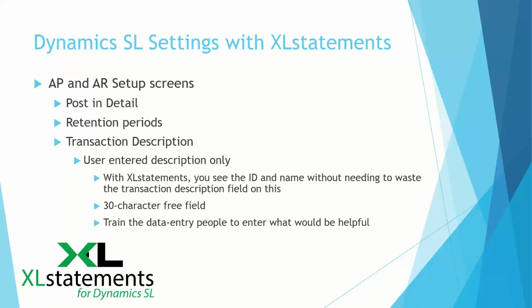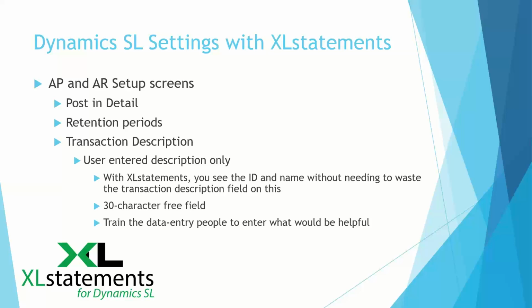So you've also got transaction description in AP and AR, and the default is that in AP it'll put the vendor ID and then the first 20 characters of the vendor name, and in AR, the customer ID and then the first 20 characters of the customer name.